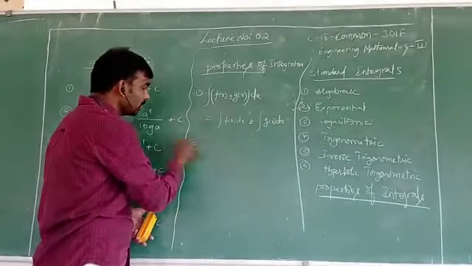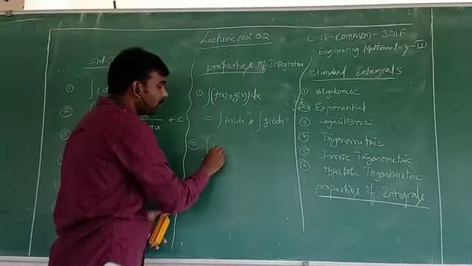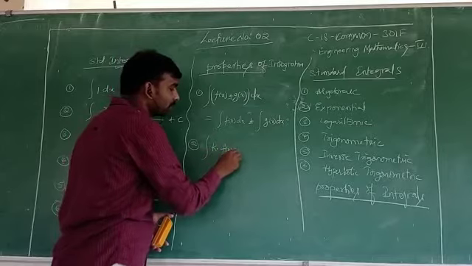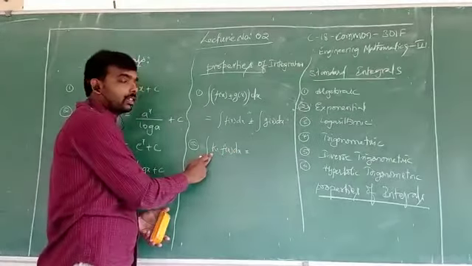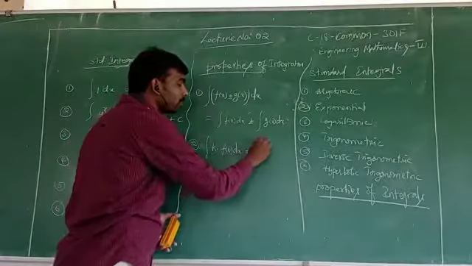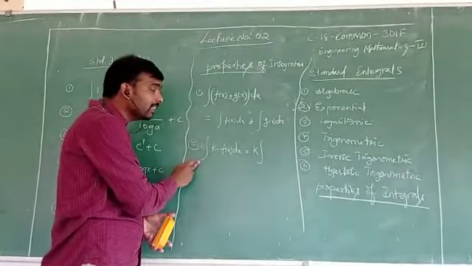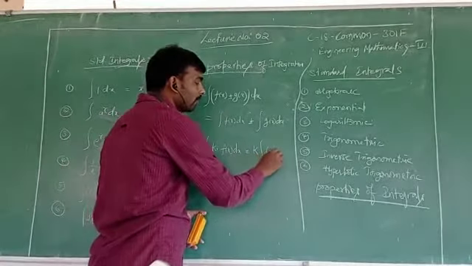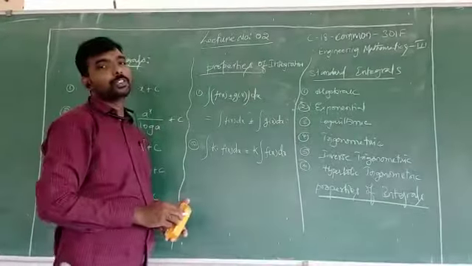Then coming to the second and last property, if the integrand is multiplied by any constant, we can simply write it outside of the operation. What is the operation here? Here the integration is the operation. So we can write it outside. These two properties are very important.